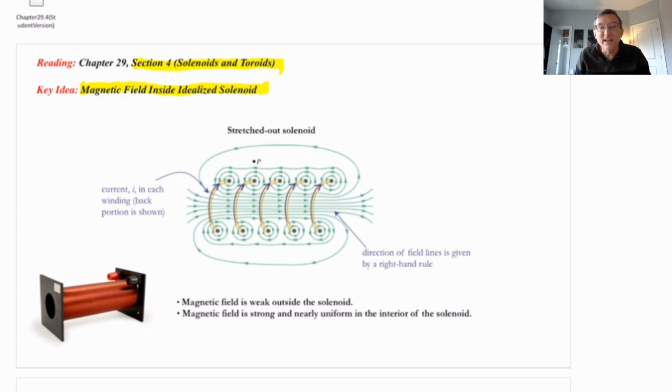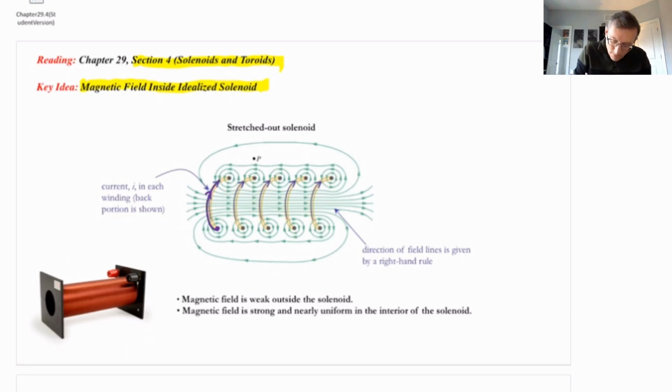All you're seeing here is a cross-section where you're seeing the back half of these 5 circles. For each circle, the current goes into the screen at the bottom, upward on the circular arc at the back, out of the screen at the top, and then down at the front. So just imagine current going around in a circle.